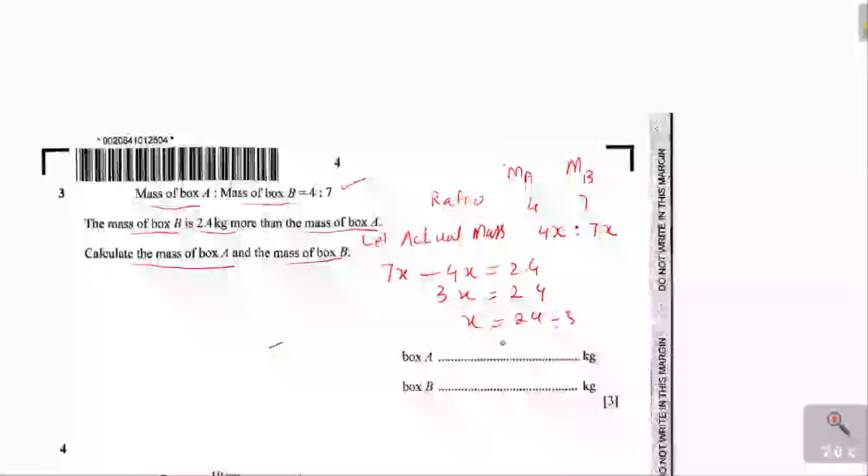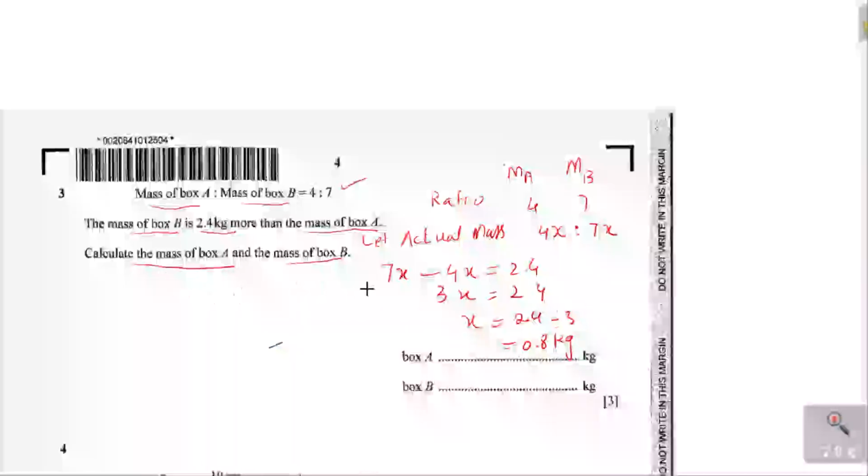Mass of box B is 2.4 kg more than the mass of box A. It means the difference of mass, 7x minus 4x, equals 2.4 kg. Therefore 3x equals 2.4 and x equals 2.4 divided by 3, which equals 0.8 kg.